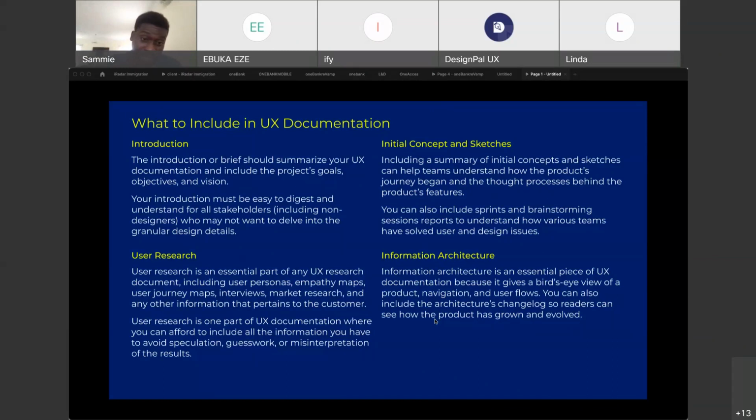Like they said, it's an essential part of any research documenting. It includes personas, empathy maps, journey maps, interviews, market research, and any other information that pertains to the customer. UX research is one part of UX documentation where you can afford to include all the information you have, to avoid speculation, guesswork, or misinterpretation of results. So yeah, UX documentation is not meant to be so long.